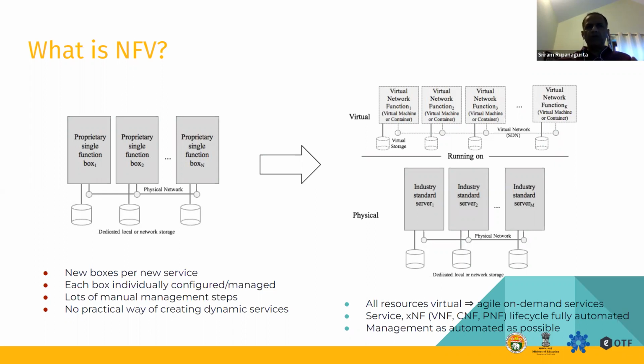So earlier, every box used to have its own service, firewall, router, switches, and they all used to be connected. So there's a lot of manual management required, multiple interfaces, multiple tools, and there's no practical way of doing dynamic services. That's the most important part. So if you want to change something, you have to rip off some of these and then replace with something else. So it's not very easy to change.